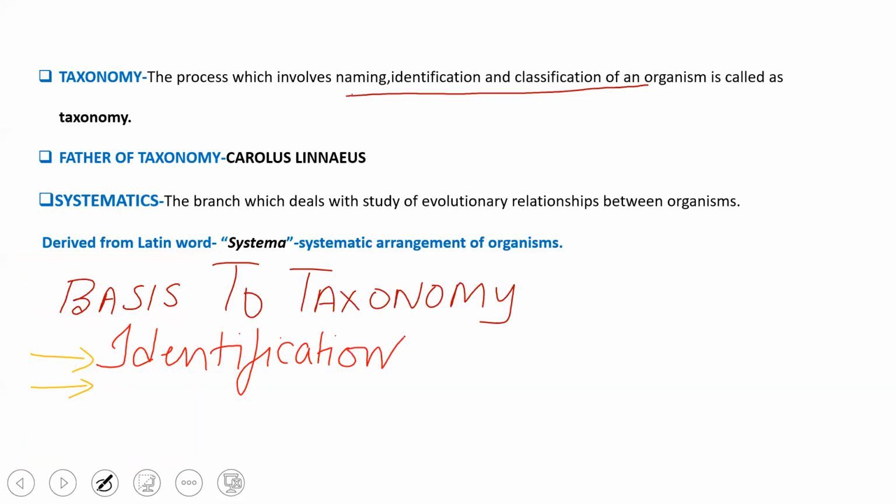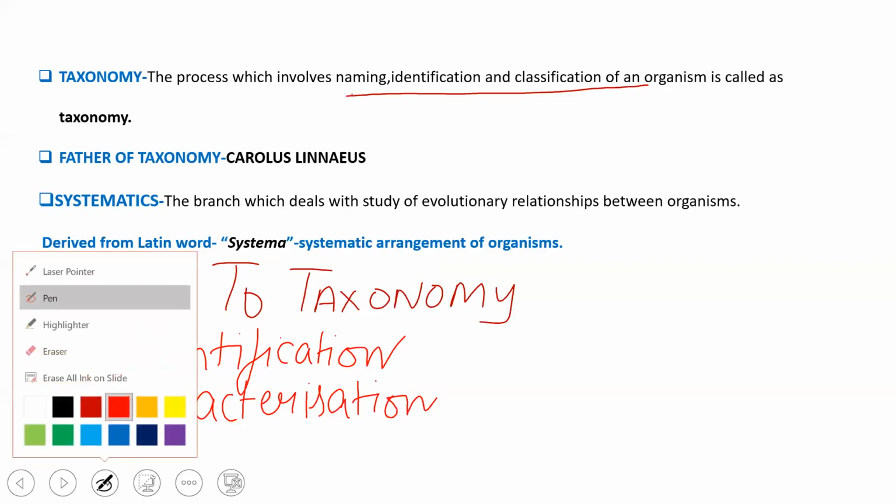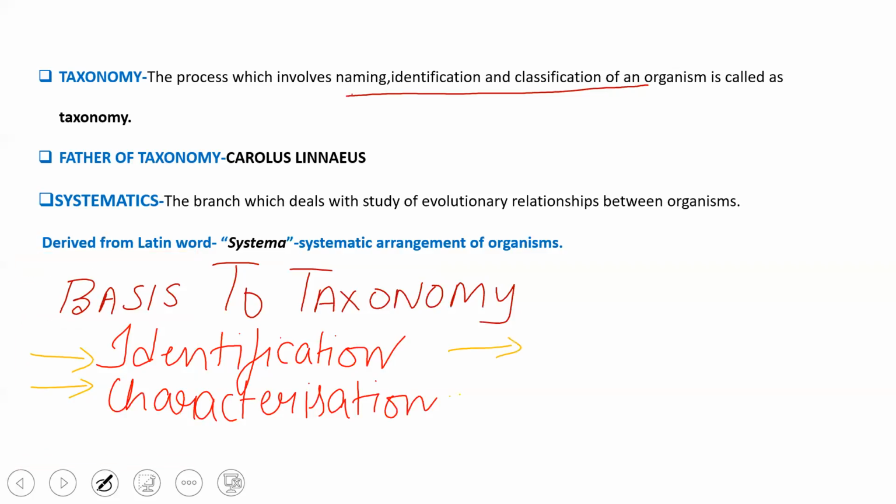The second one is characterization. Once the characterization is done, then comes the next thing, that is classification.